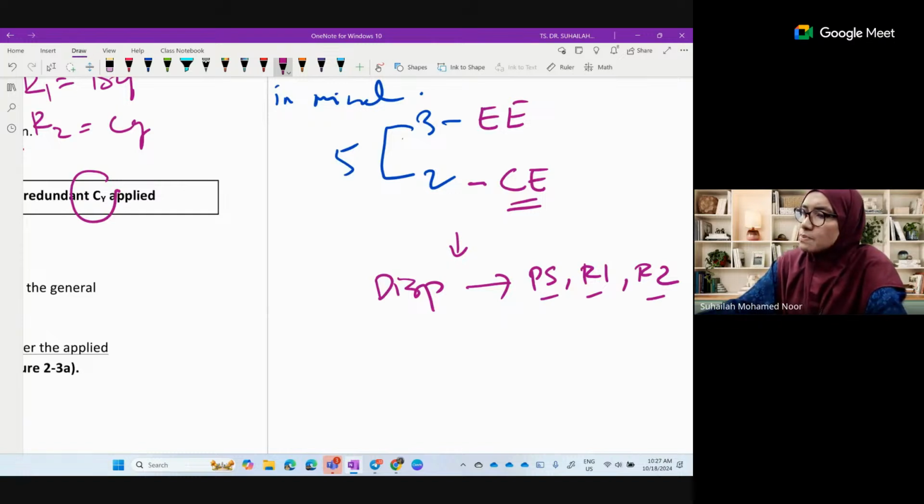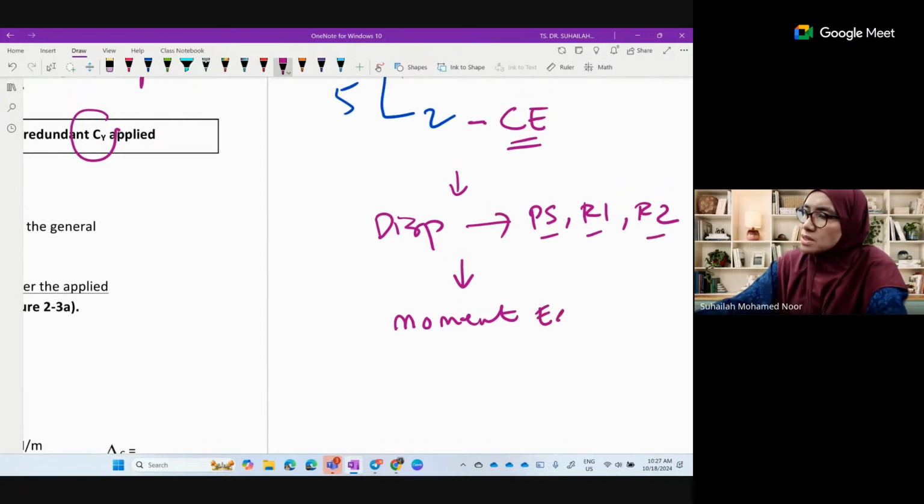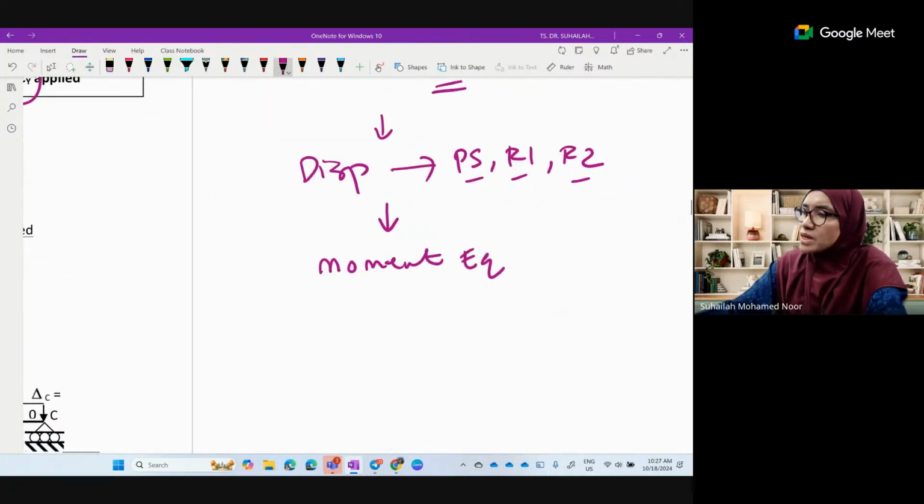To get displacement, we need to have the moment equation, because the formula of displacement actually uses the moment equation. The moment equation also comes from 3 systems: primary structure, redundant 1, redundant 2.